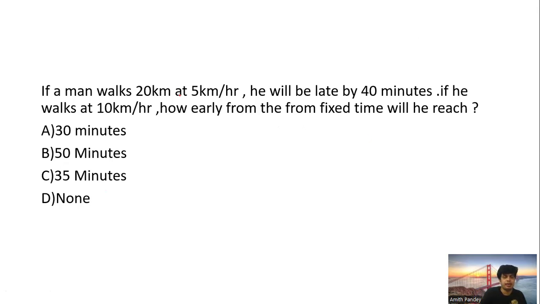Fine. Let's go ahead. If a man walks 20 kilometers, so there is a person A. Let me write here. He is walking 20 kilometers. What is the speed? 5 kilometers per hour. So one thing we understood: speed is given, distance is given. Can you find the time? Yes.